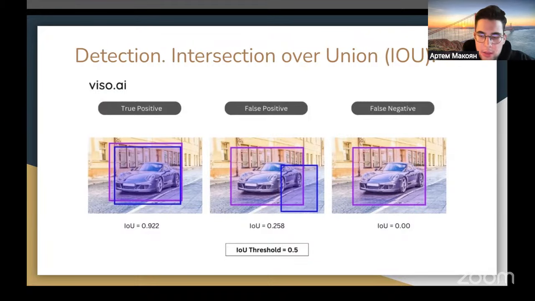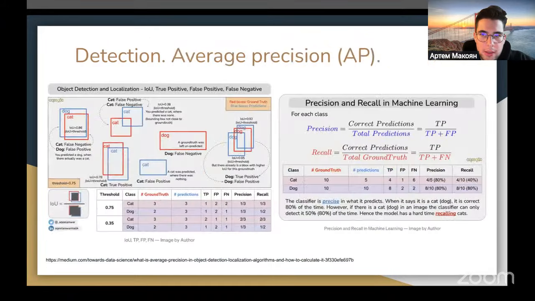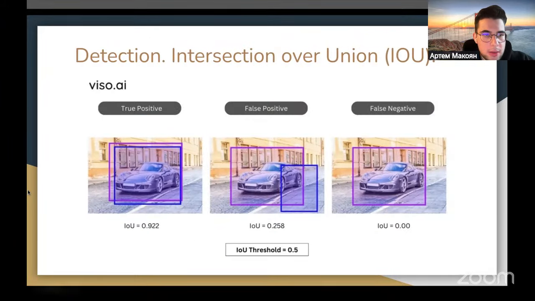How can we calculate it? It's very easy. We take two bounding boxes, find the area of their intersection, and divide it by the area of their union. Intersection over union, easy. I will draw a simple picture. For example, we have two bounding boxes, green and red.